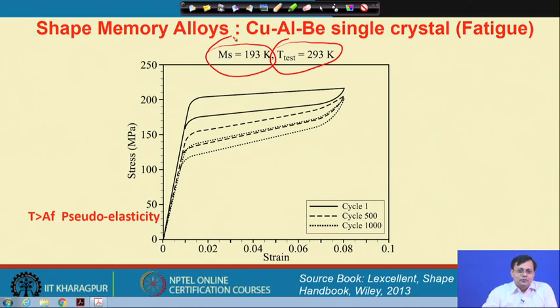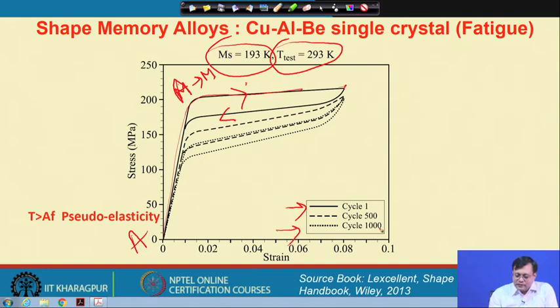So, now we are talking about pseudoelasticity. Here this is cycle 1. I have started with austenite, which transforms into martensite, and here the two phases exist and here it almost finishes, and once we unload the sample it comes back. So, this is unloading and this is loading. This is cycle 1.